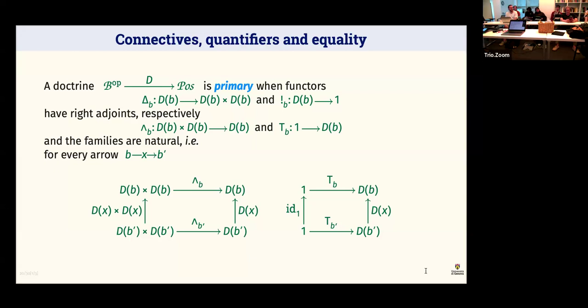A doctrine is called primary if certain monotone functions in Pos determined by the doctrine, you see, and this is the poset dB times the poset dB, it's not D of B cross B, it is definitely not that, and this is just the diagonal monotone function, then there is also this function that goes into the poset on a singleton, and these two monotone functions are required to have a right adjoint in a natural form.